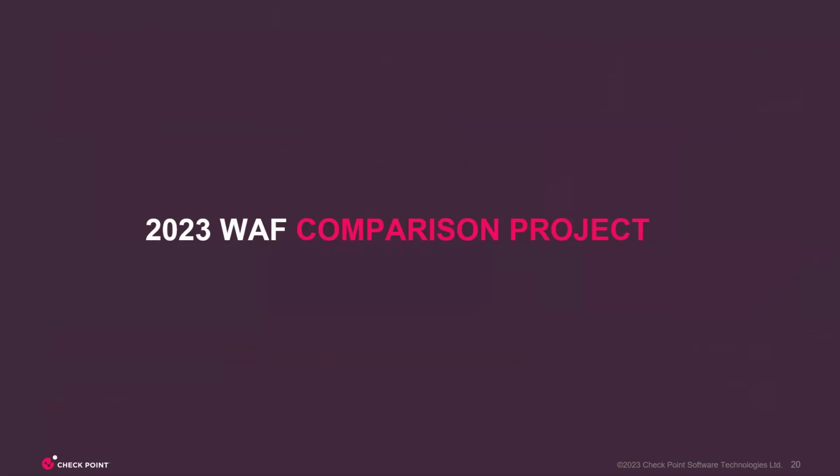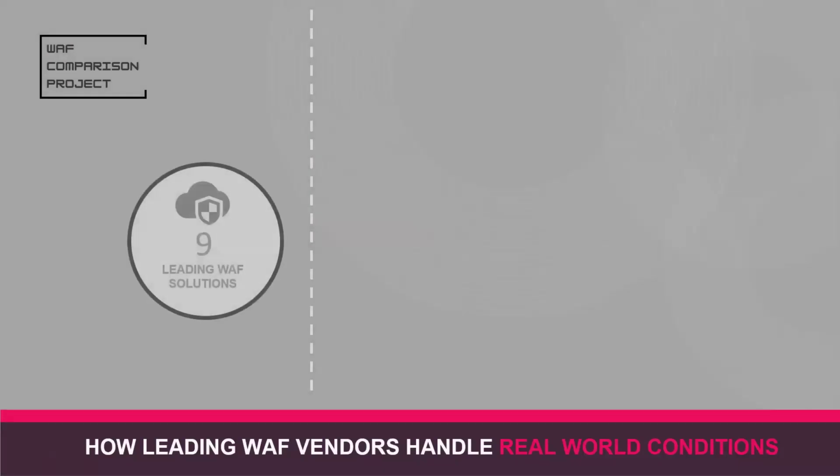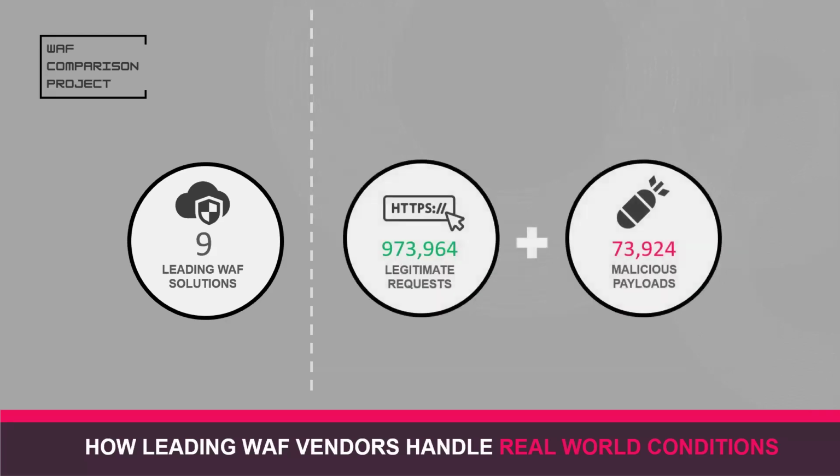So out on GitHub, there's actually a WAF comparison project where this is all publicly available, so it's all transparent. The 9 leading WAF solutions were tested. Almost 1 million legitimate HTTPS requests were used, and about 74,000 malicious payloads, which could be comprised of SQL injections, cross-site scripting, and so on, as you can see here.